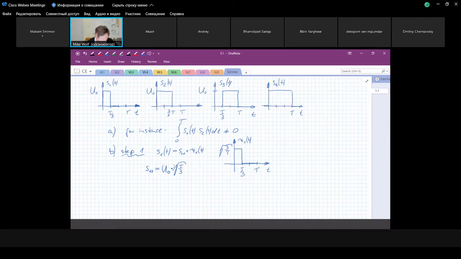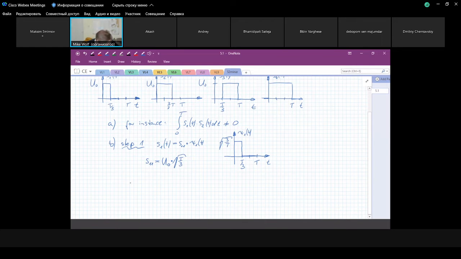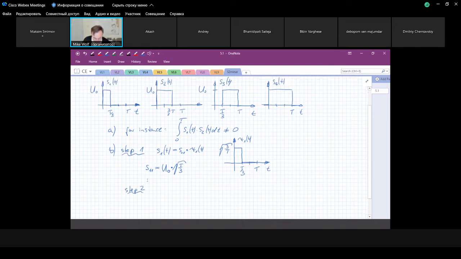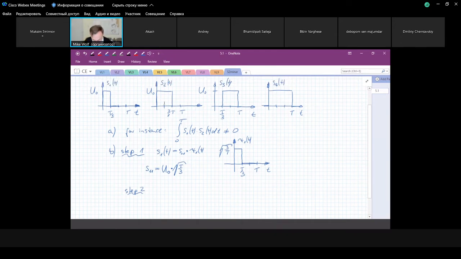So this was, in my opinion, quite simple. And now we proceed. So this means step 2. And now you immediately see, if you take a look at the second signal, we cannot represent the second signal only by the first basis function. This is impossible.